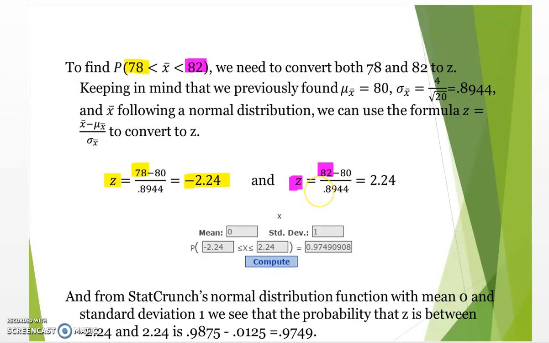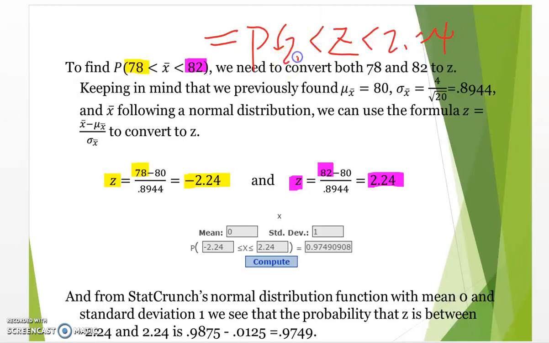Just applying that formula again, you get 2.24. So we can just say the probability of x bar between 78 and 82 is the same as the probability of its z-score being between negative 2.24 and 2.24.